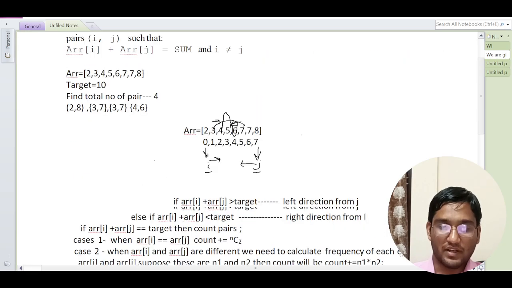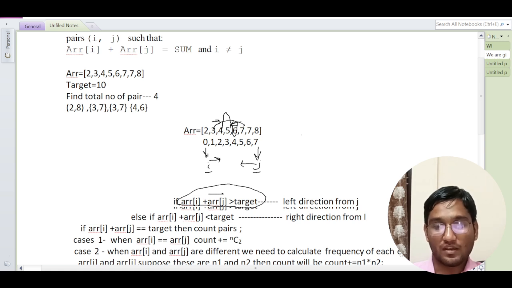The first possibility here is, if array[i] plus array[j] is greater than target, in order to reduce array[i] plus array[j], we need to reduce array[j] only.